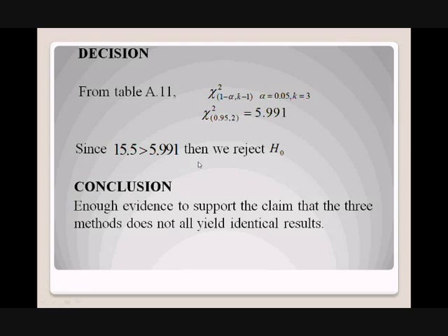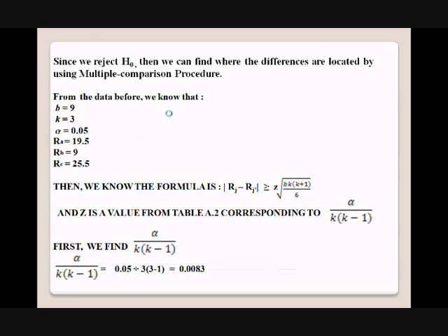After we are done, it shows that we reject H0. There is enough evidence to support the claim that the three methods do not all yield identical results. Since we reject H0, we can find where the differences are located by using the multiple comparison procedure.